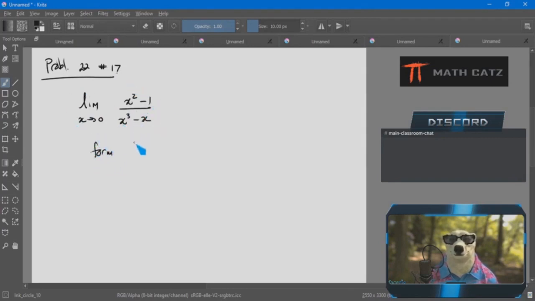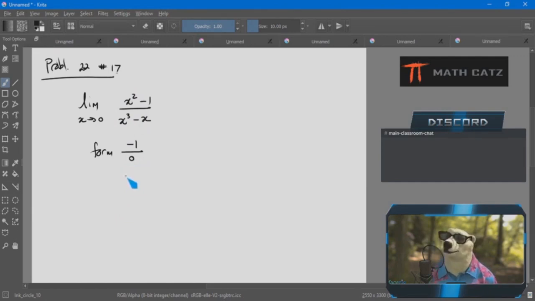Why is this function not defined at 0? Could be a little hole, could be a vertical asymptote, really, those two. Plugging in 0 at the top gives me -1. Plugging in 0 at the bottom gives me 0. What does this tell me?